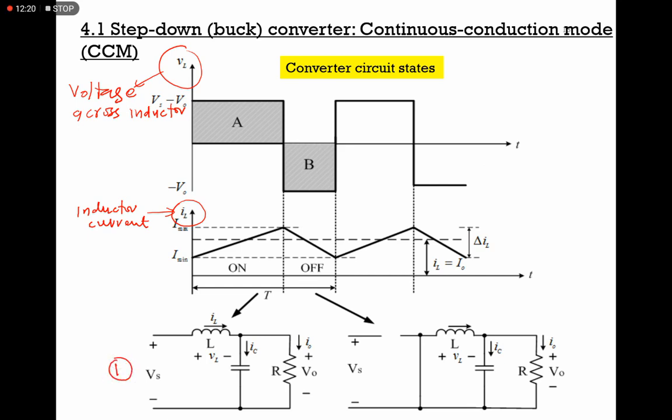When your switch is off, you will have another equivalent circuit here. So from these two circuits, circuit number 1 and circuit number 2, we will be able to produce these two waveforms over here. So we will need to have the analysis of these two equivalent circuits in order to produce the output.